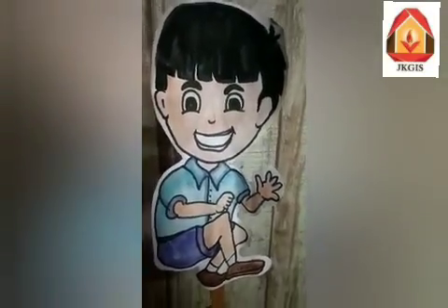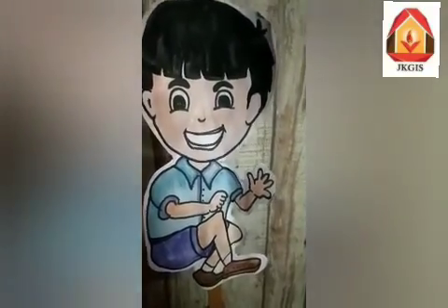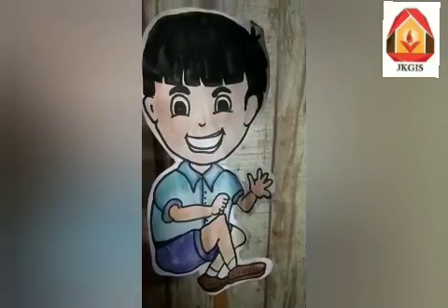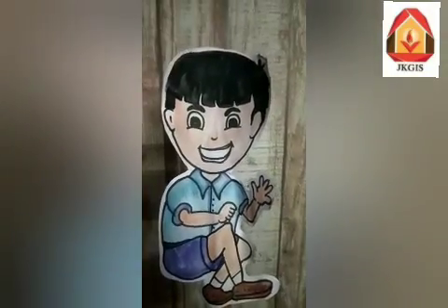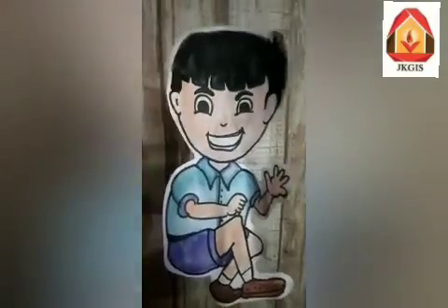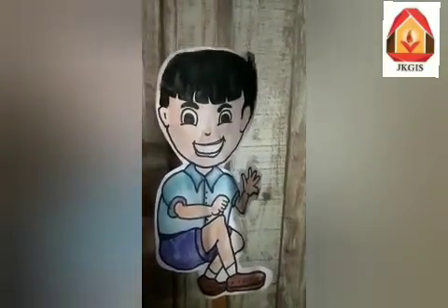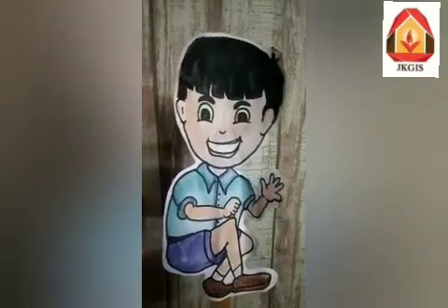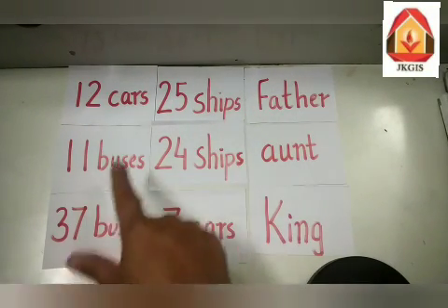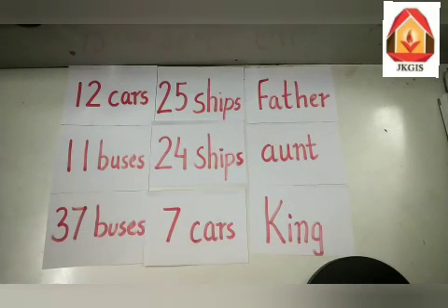So let us do one activity. In this activity, first we will frame sentences using the given chits, and after that we will solve the addition problem. So let us begin. Friends, in this activity we have few numbers here, some vehicles are there and some genders are there.